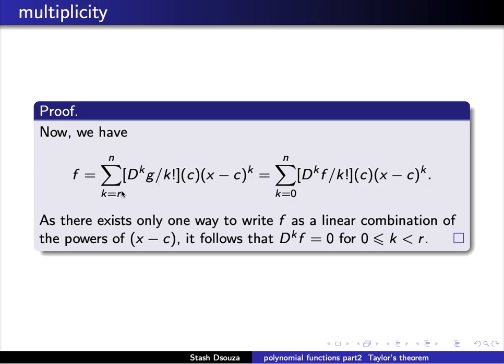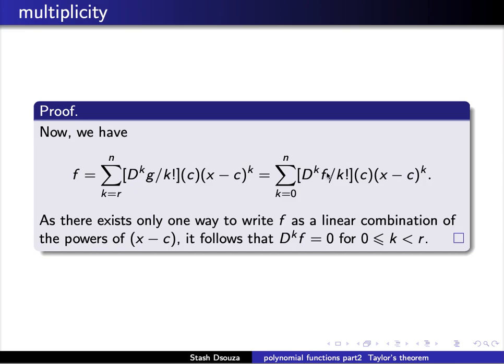So what we have is that f is equal to the sum as k goes from r to n of x minus c to the power k times the kth derivative of g over k factorial evaluated at c, and replacing k.